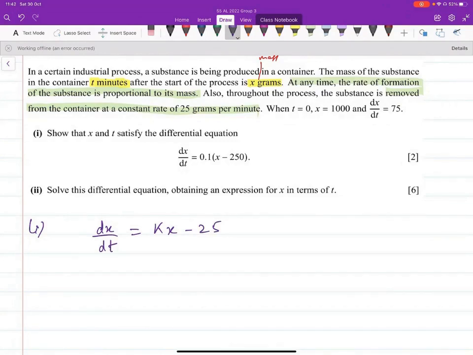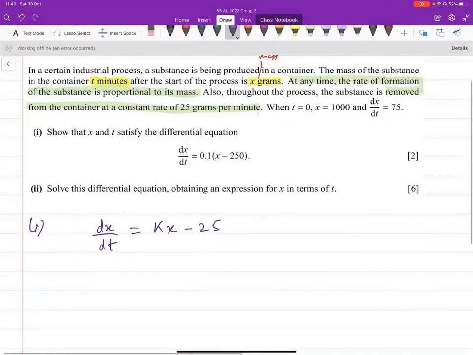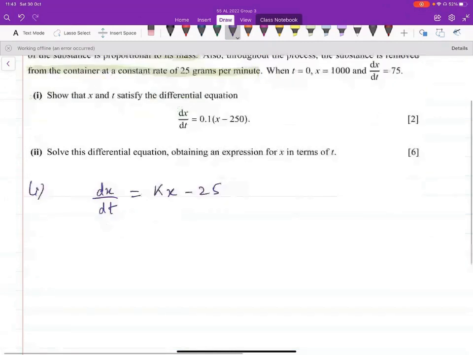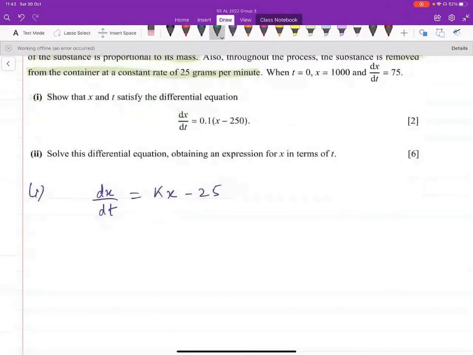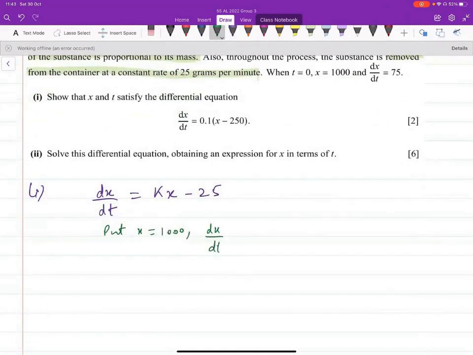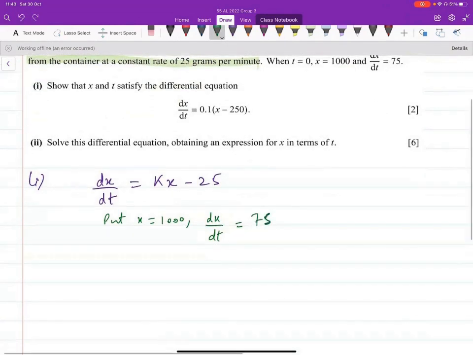Okay? And now we have to find the value of k. Okay, we have a point given. We are given that when x is 1000, dx over dt is 75. Just input that. Put x equals 1000 and dx over dt equal to 75. Okay, so input that.